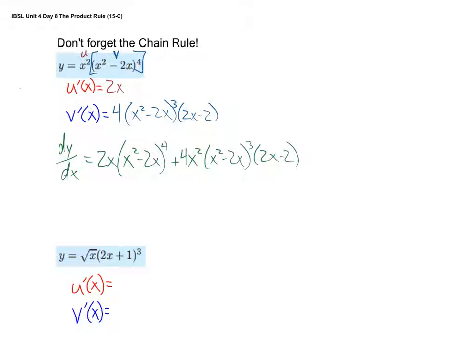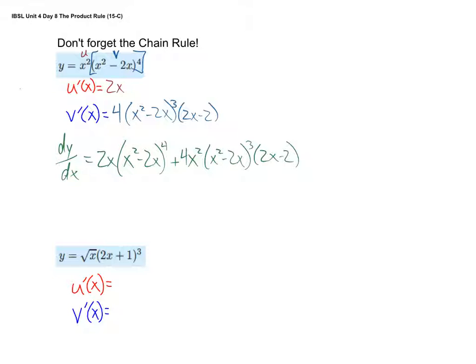Does anyone see what we can do here? That's u, which is x squared, times the v prime. The v prime was 4 times x squared minus 2x cubed times 2x minus 2. What can we do here to simplify a little bit?